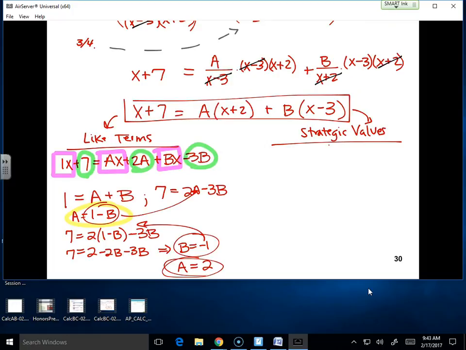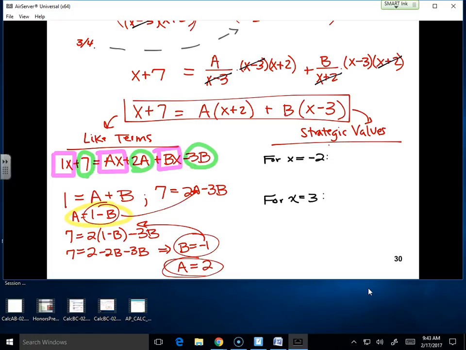The other method, this one's a little bit crazy, uses strategic values. Let me just tell you what the strategic values are for this problem. Sometimes there are very clear ones, sometimes there aren't.